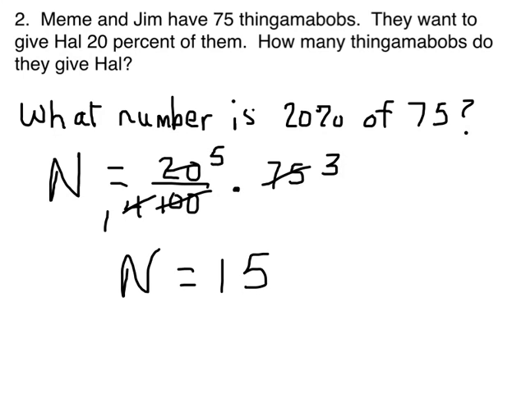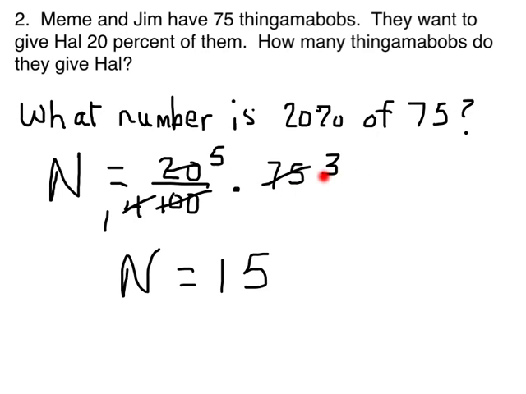So we're going to say, what number is 20% of 75. So when I set this up in an equation, I put N for what number, is, 20 over 100, times 75.